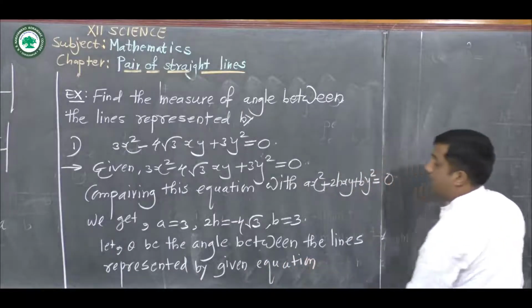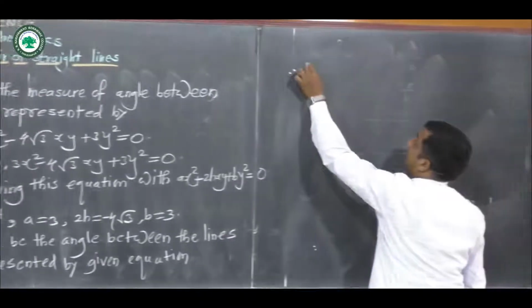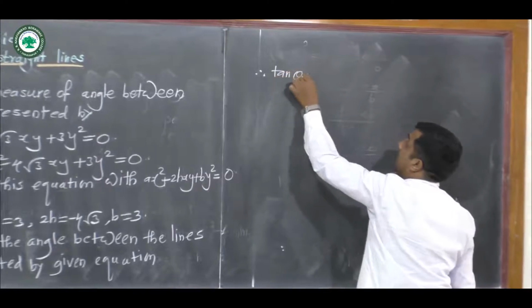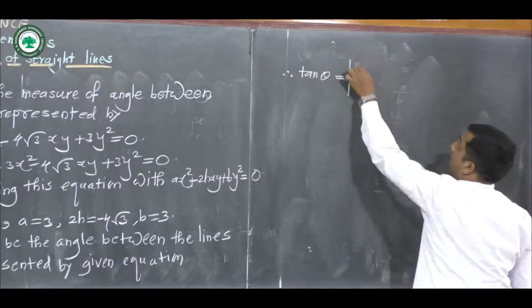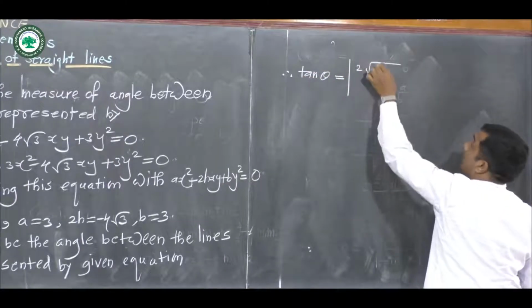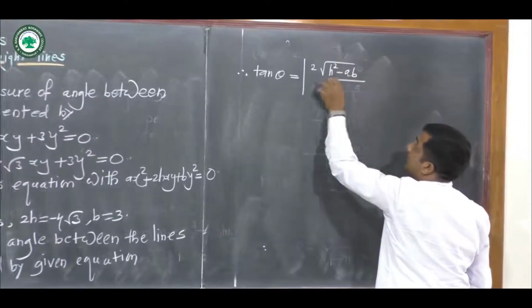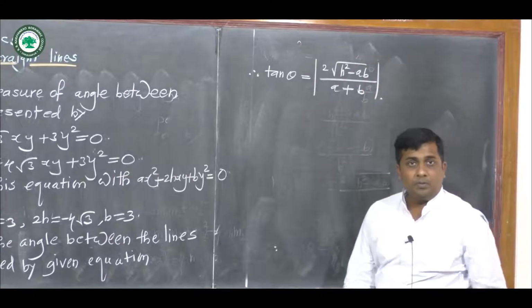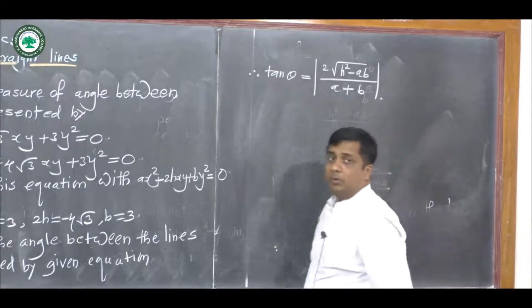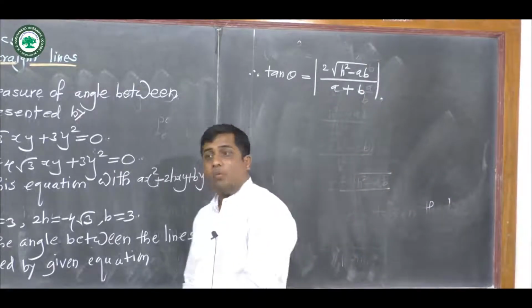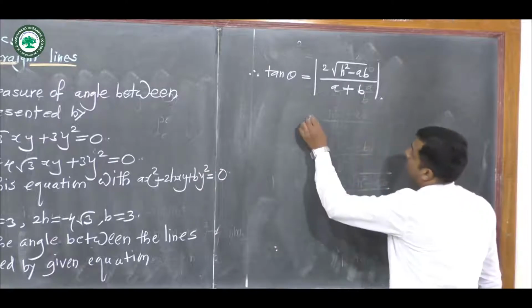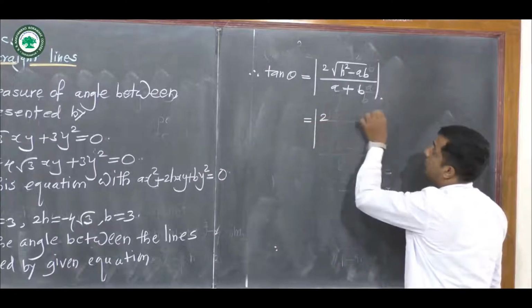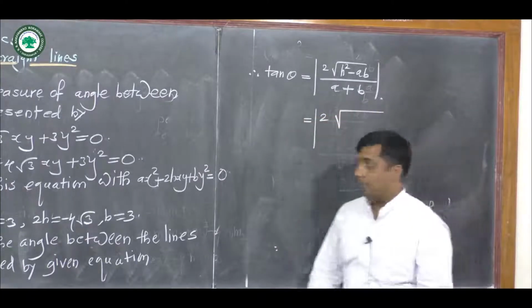If theta is the angle, then tan theta is equal to, inside the mod, 2 into square root of h square minus ab, divided by a plus b. Now we know h, a, and b.